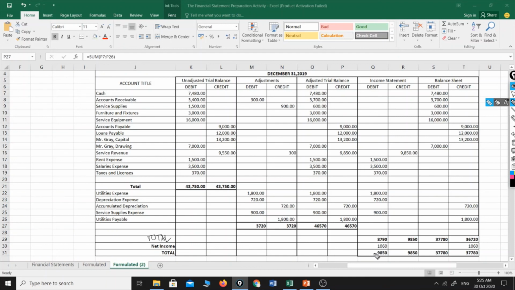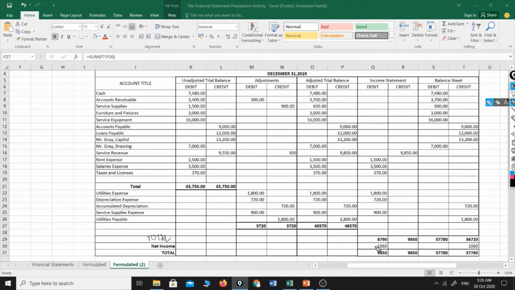Then we will come up with an amount of 9,850. Okay? So that's it. Again, take note guys, whatever amount you add to the income statement to make it balance, it should also be the amount that you add on the balance sheet to make our debit and credit columns under the balance sheet equal, okay?